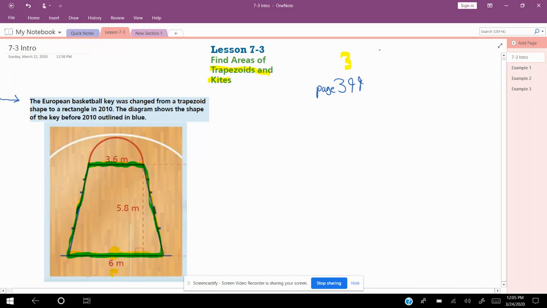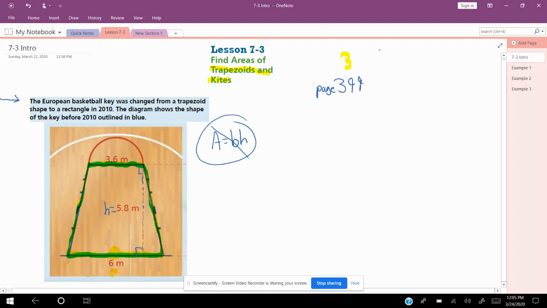Because this is not a parallelogram, I cannot use area equals base times height. I can't use it. Here's why. I could tell the height is 5 8/10 meters because I see that dotted line going down, forms a nice 90-degree angle right there, and it would form a nice 90-degree angle up top as well.